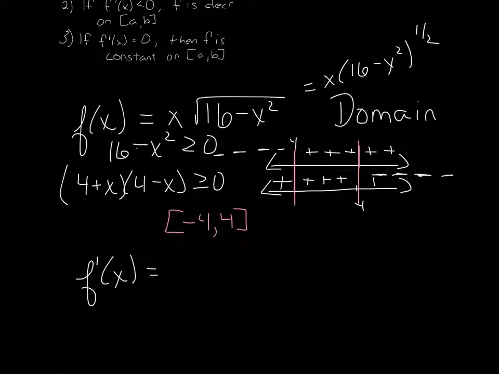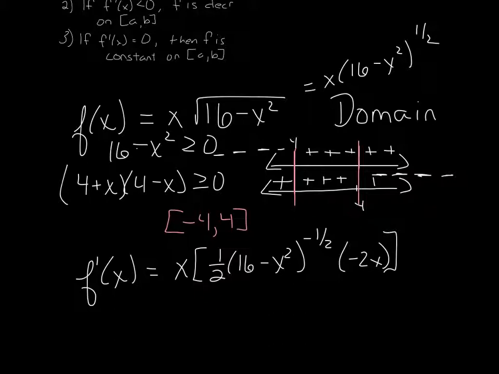Well, it'll be the product rule and the chain rule. Okay, so the first term times the derivative of the second, 1/2 times 16 minus x squared to the -1/2 times -2x.